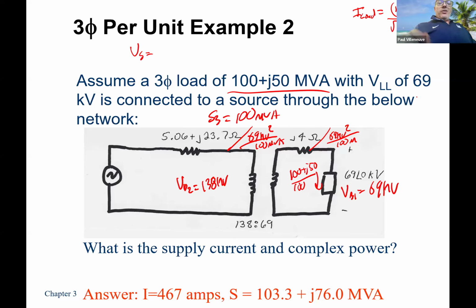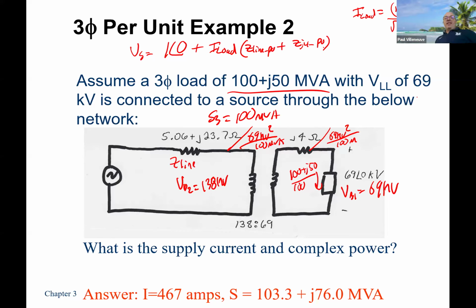And then my V of my source is going to be equal to 1 at an angle of 0, because I'm doing it in per unit, plus this current, I load, multiplied by the line impedance after we convert it to per unit, plus Z J4 converted to per unit.